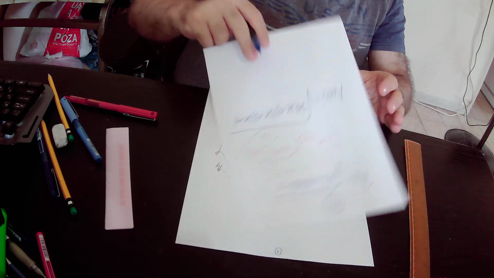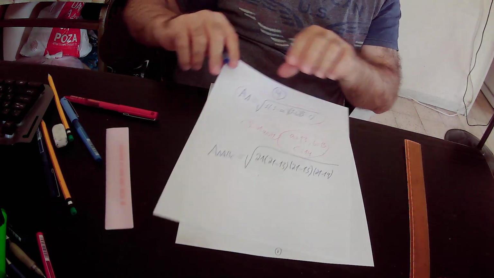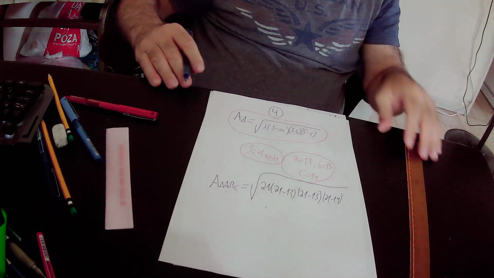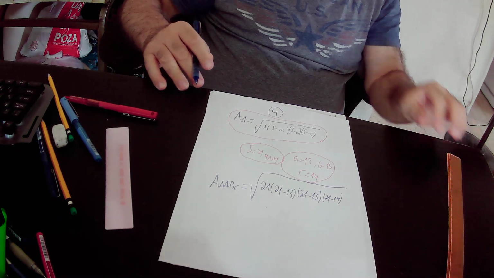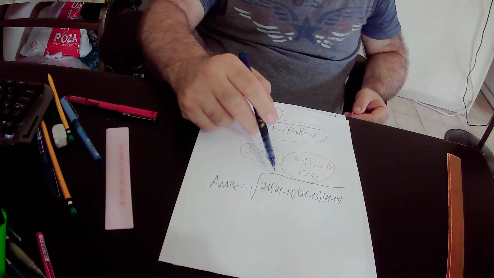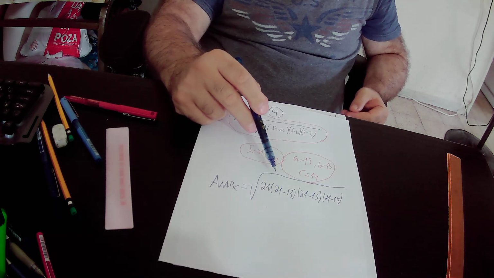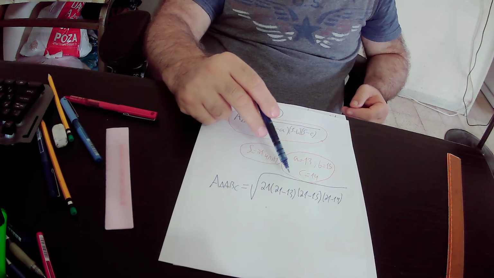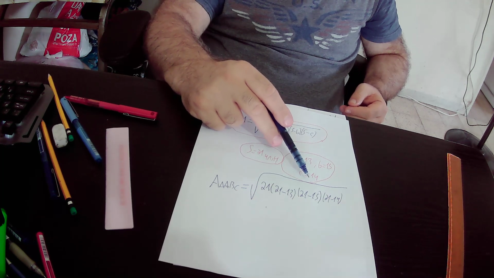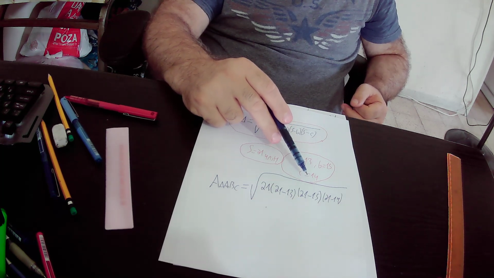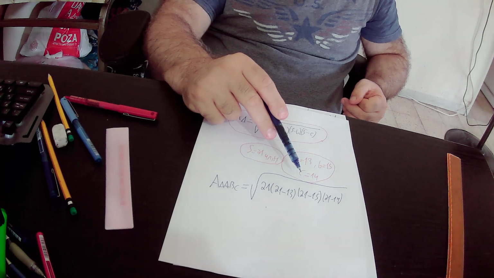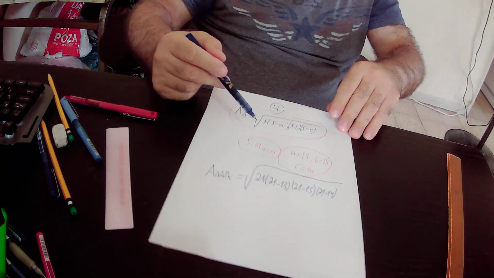So the area of our triangle ABC equals the root of this expression. 21 minus 13 is 8, 21 minus 15 is 6, and 21 minus 14 is 7, so I'll write it down.